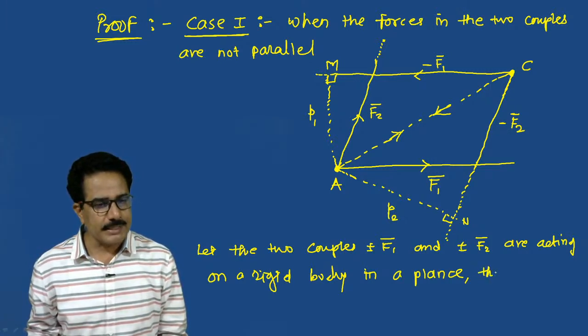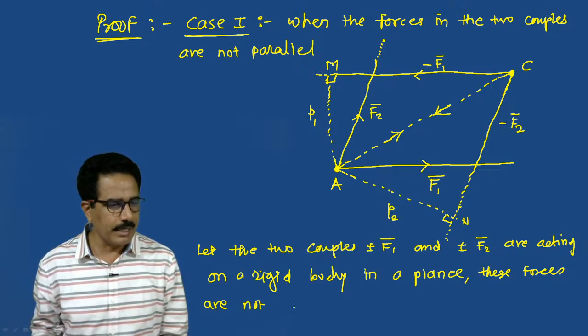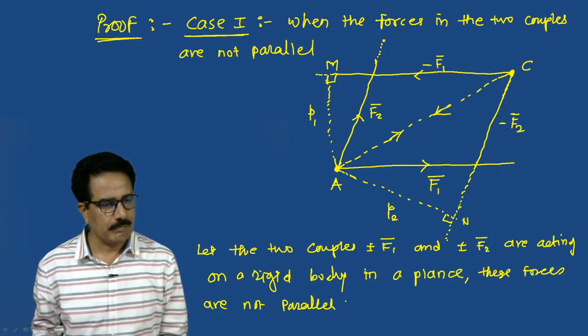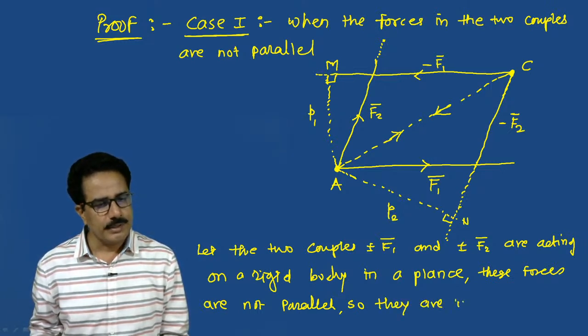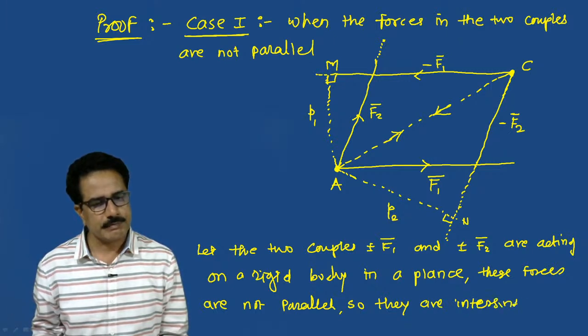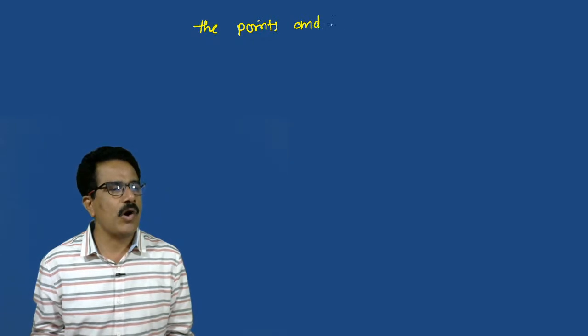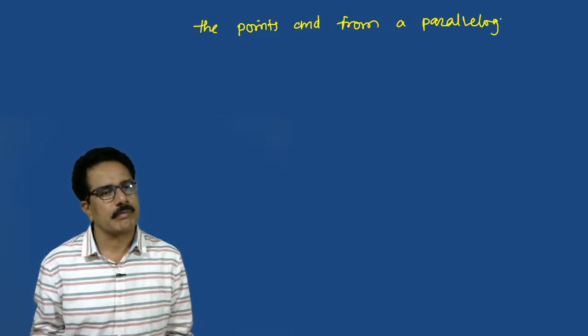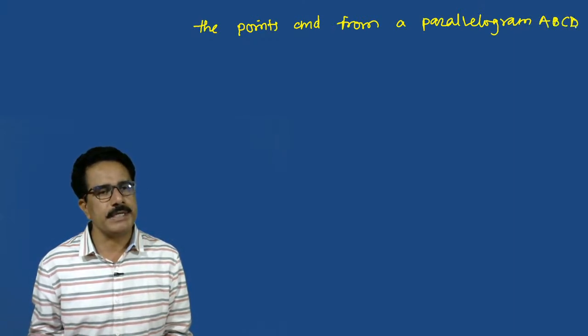These forces are not parallel, so they are intersecting in the points and form a parallelogram which is A, B, C, D. Okay.